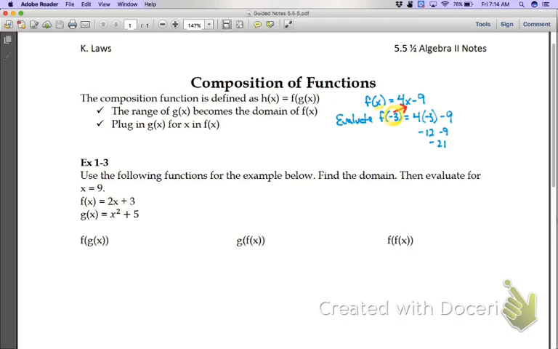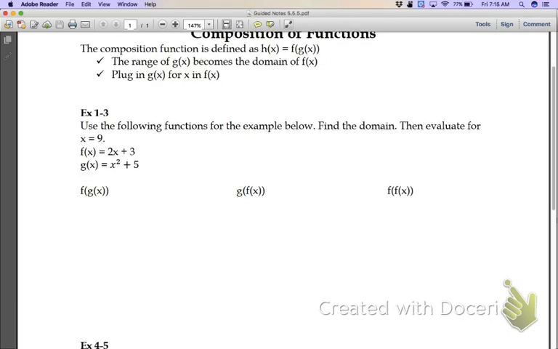I'm doing the same thing whenever I find a composition of a function. A composition of a function is just a function of a function. I'm going to take one function, and for every spot that there is an x or whatever my variable is, I am going to plug this in. So say I have f of x is equal to 2x plus 3, and g of x is equal to x squared plus 5.